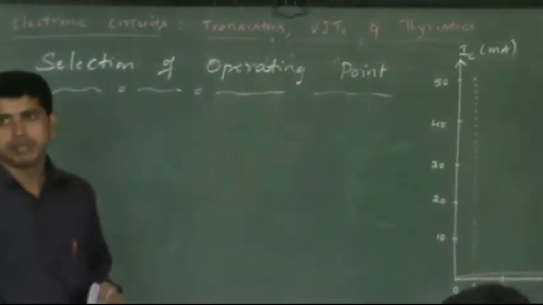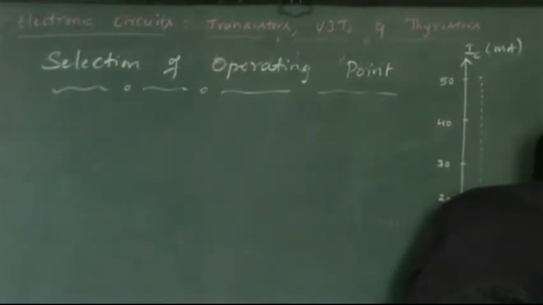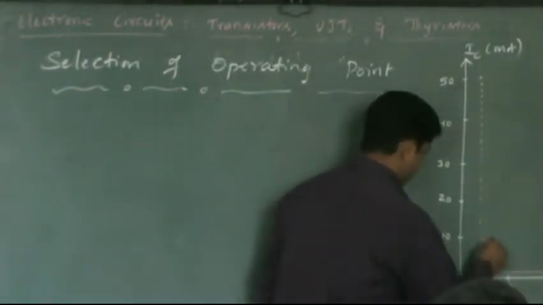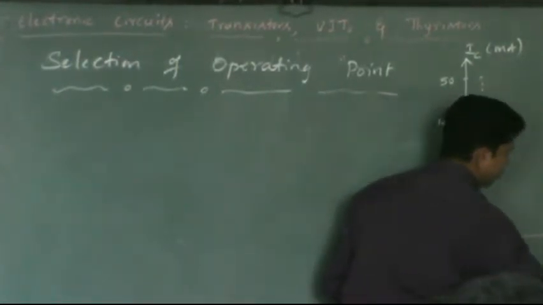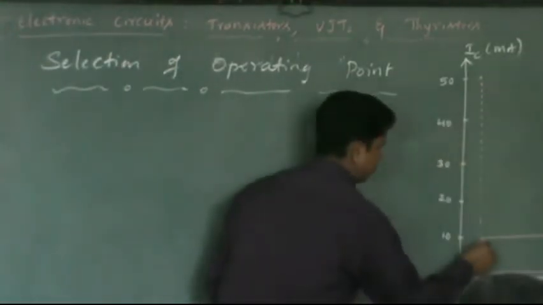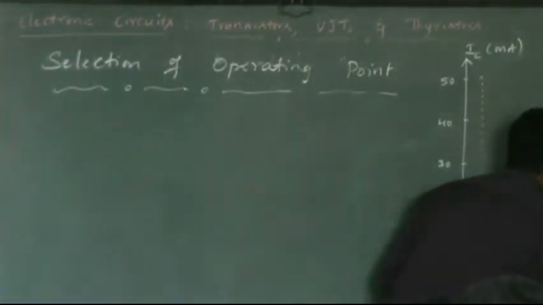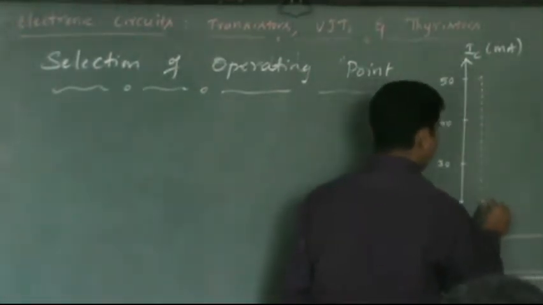This is going to be for IB equal to 0. You can take it in microamperes, going in steps of 10. This is for IB of 10 microampere. Similarly, we will go for IB of 20 microampere.